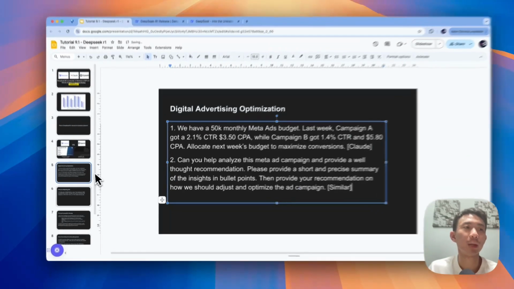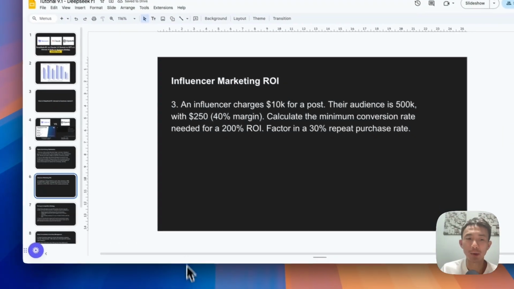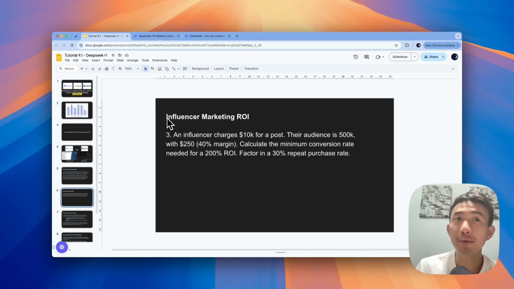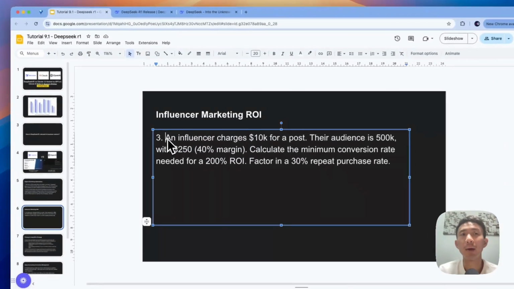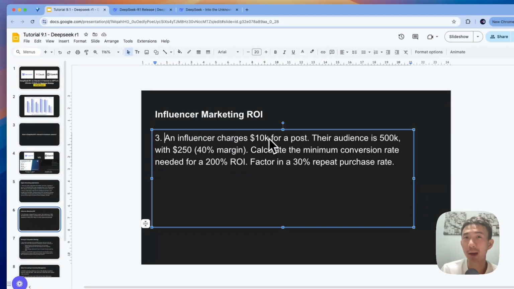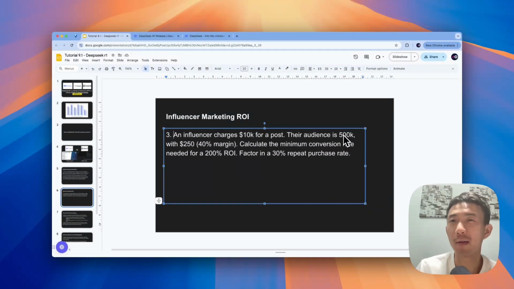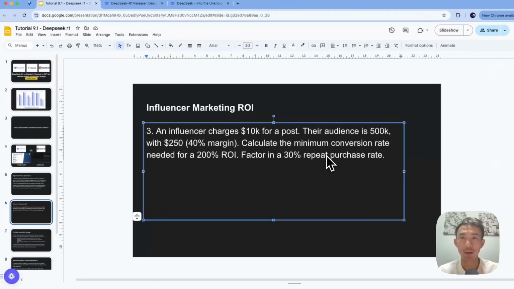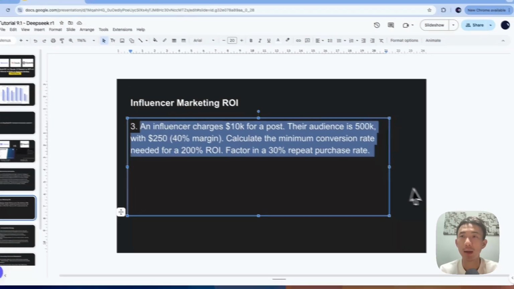Okay. So let's take a look at our third demo. Let's try influencer marketing ROI as the question. The influencer charges 10K per post. The audience is 500,000 with $250 and a 40% margin. Calculate the minimum conversion rate needed for a 200% ROI, factoring in a 30% repeat purchase rate.